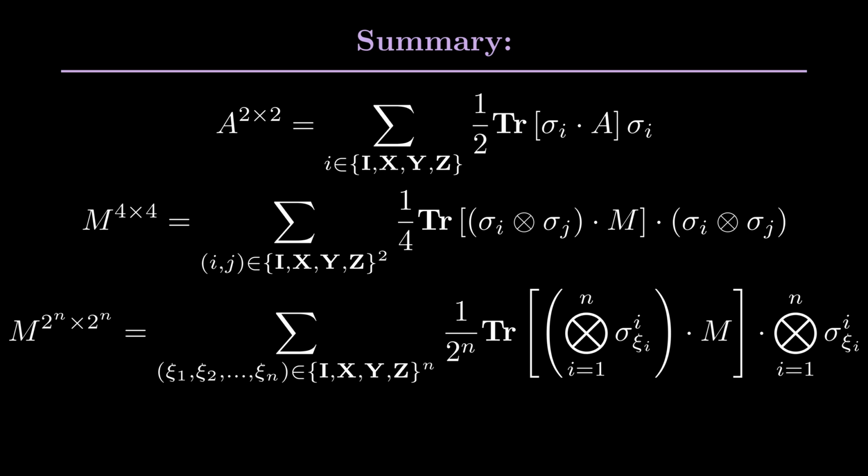Additionally, our Hilbert-Schmidt inner product will be computed between our input matrix and the 2 to the n by 2 to the n matrix resulting from this unique tensor product of Pauli matrices. We'll also have to update our normalization factor. Finally, this coefficient will be multiplied by the 2 to the n by 2 to the n matrix resulting from our unique tensor product of Pauli matrices.